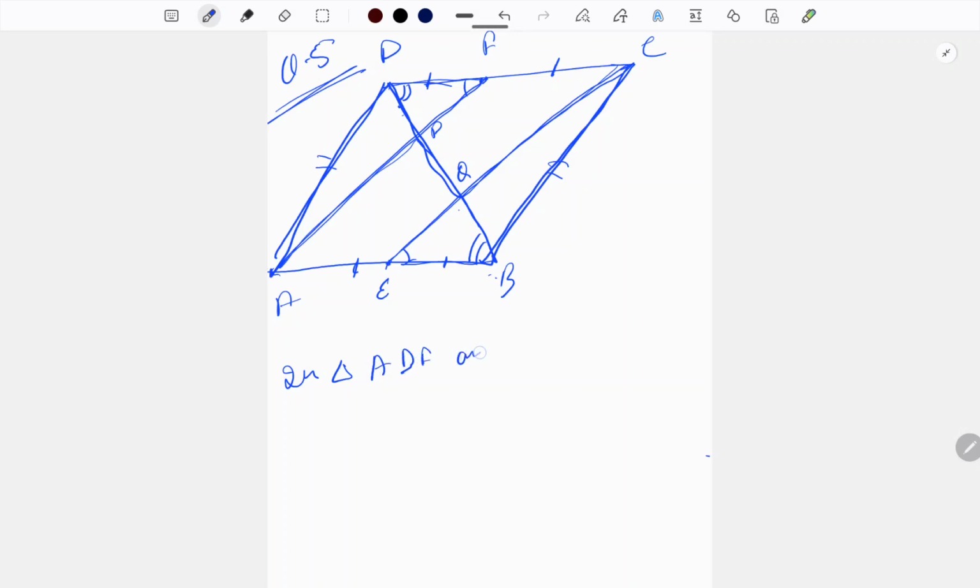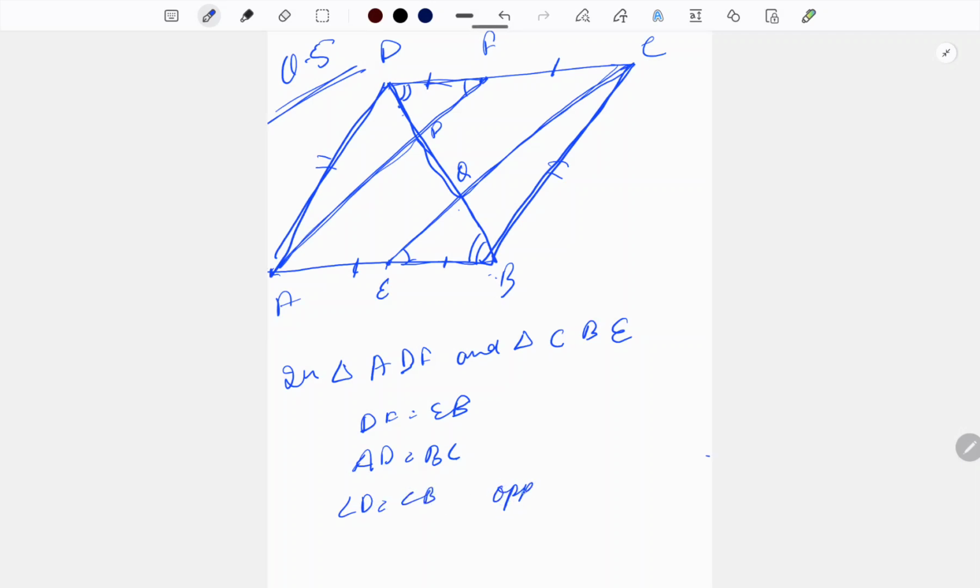Triangle ADF and triangle CBE. Simple. DF is equal to EB, this side also, AD is equal to BC, and angle D is equal to angle B. Why?